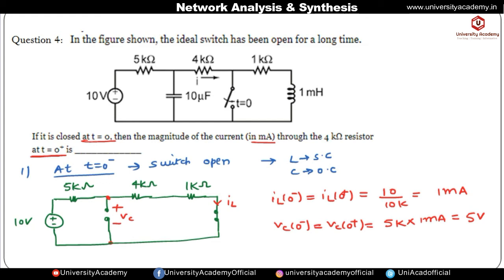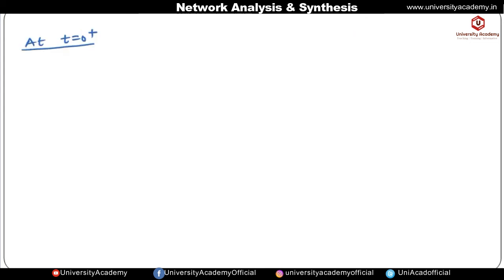Similarly, the capacitor will be replaced by a voltage source, and the value of the voltage source will be 5 volt, with polarity such that the upward terminal will be positive and the lower terminal negative. So let us draw the circuit. Here we are having a 10 volt voltage source, and the resistance value is 5 kilo ohm.